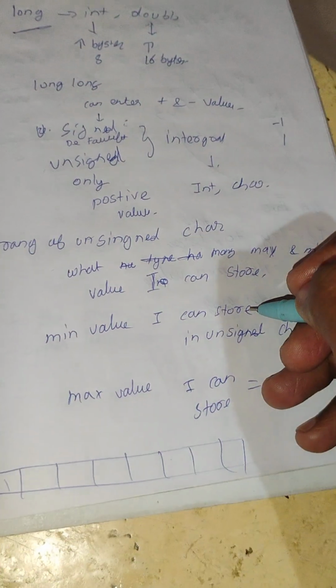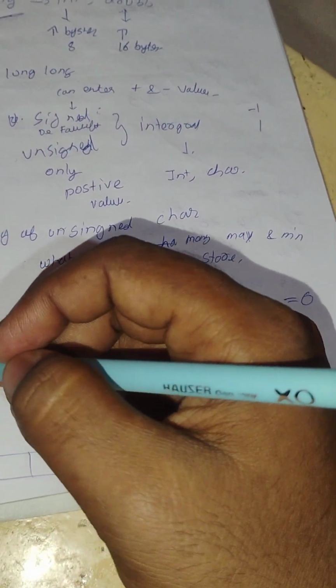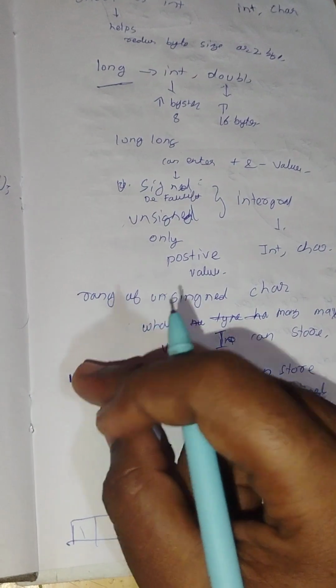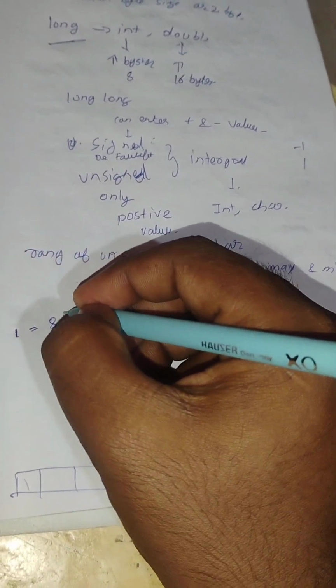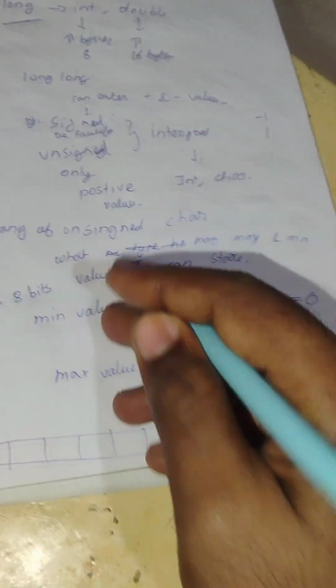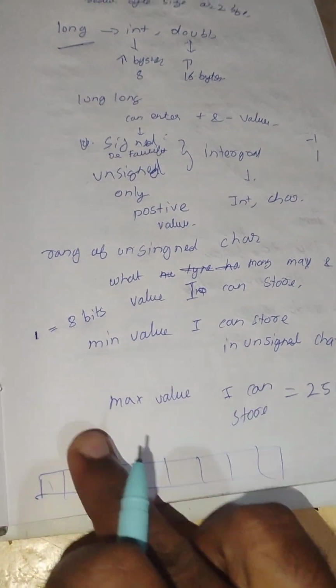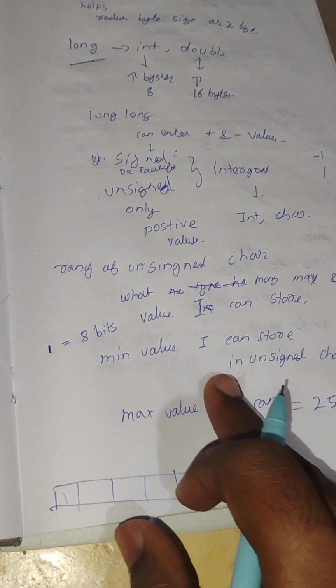How can I show this? In char, 1 byte is equal to 8 bits, right? So 1 byte is 8 bits.